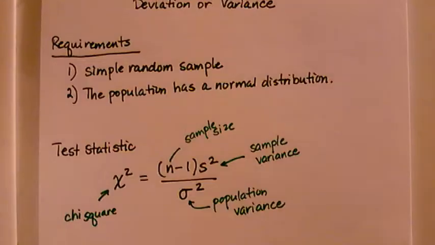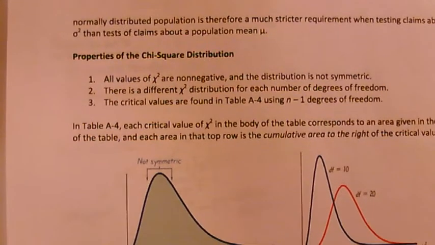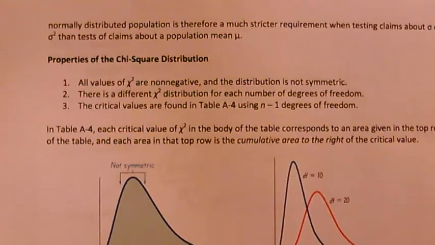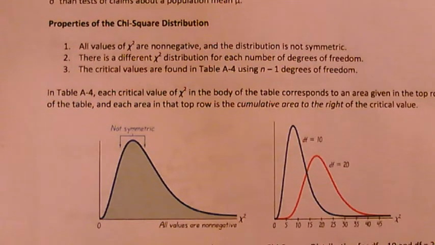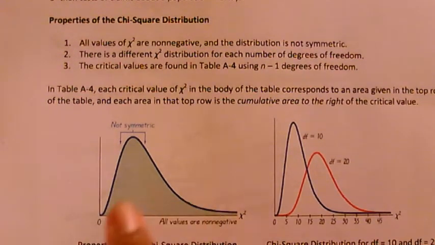Now let's talk about some of the properties of a chi-square distribution. Now, all the values of your chi-square are going to be non-negative. Okay? And the distribution is not going to be symmetric. In other words, it's not going to be having that normal distribution, as you can see in this particular graph. It's always going to be skewed to the right.